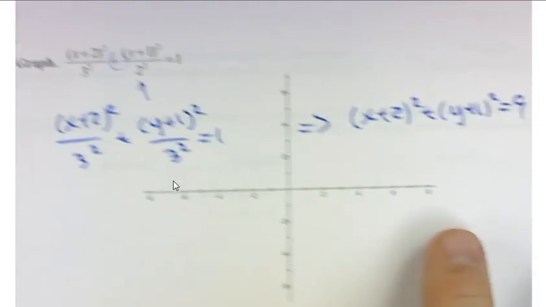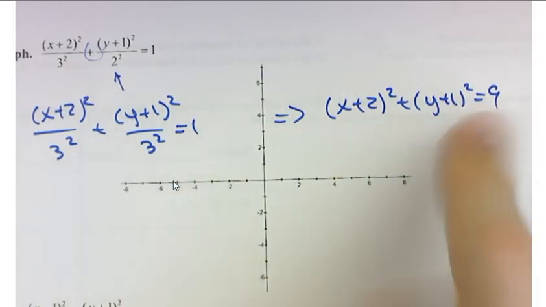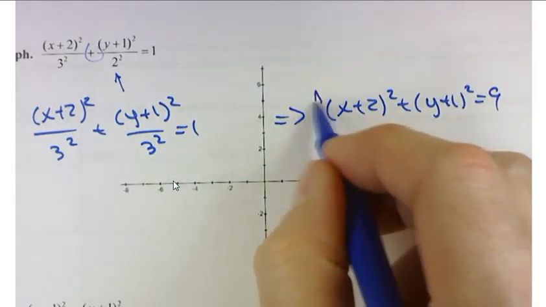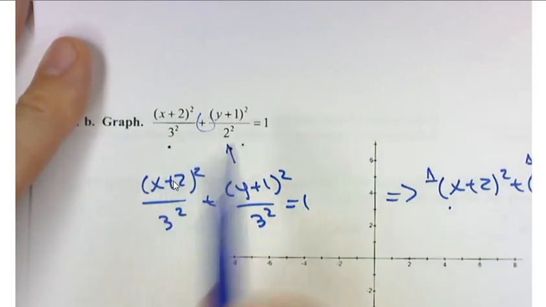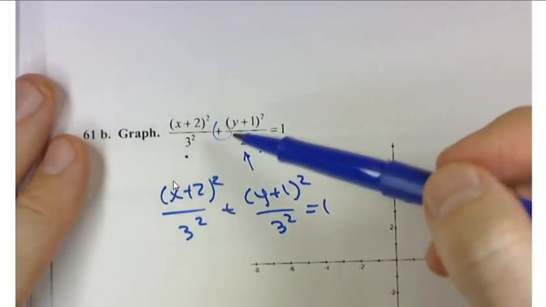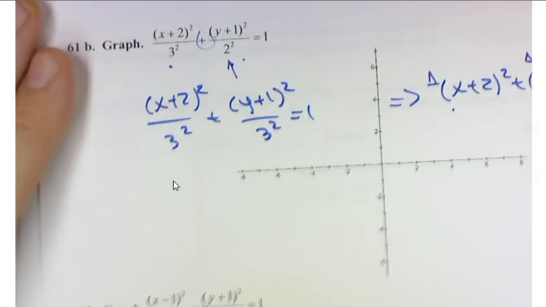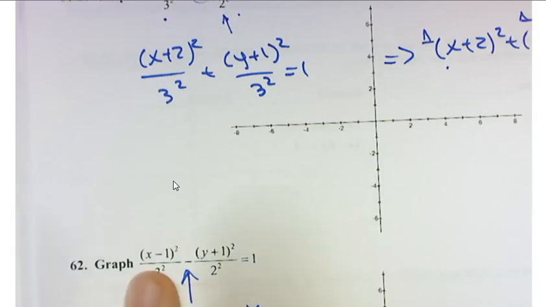So if I multiply both sides of this equation by 9, both of these would cancel. And you see that you have the same coefficient of a 1 for your x squared and your y squared. That's not going to be true if these two things are different. So, all right, make sure that you understand the difference between an ellipse and a hyperbola. There's not much I can do if you're drawing an ellipse and you're supposed to draw a hyperbola.